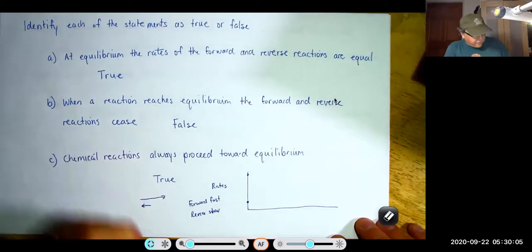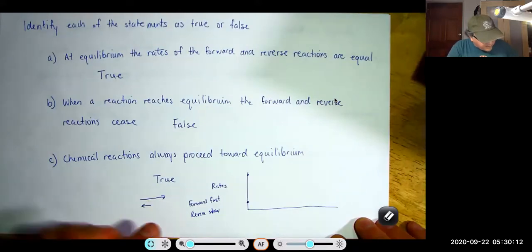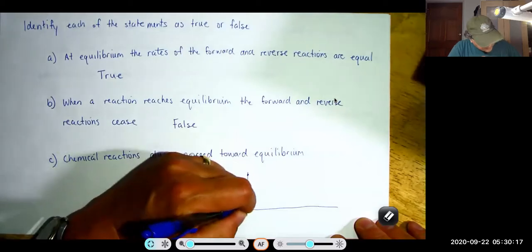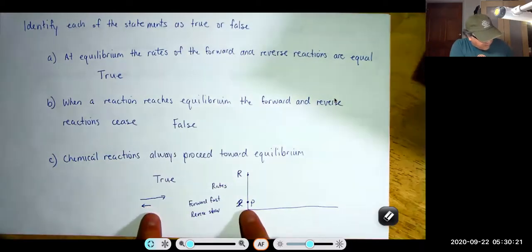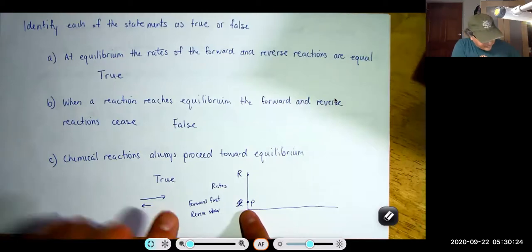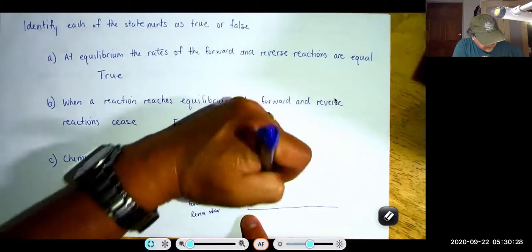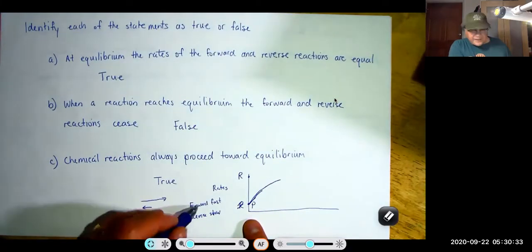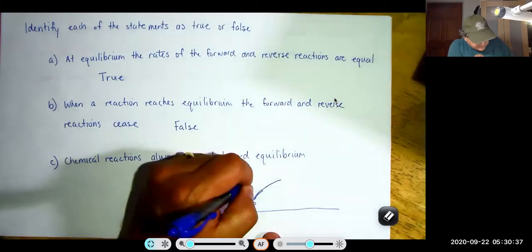Do you see how the forward rate is fast and the reverse is slow? So if the forward rate is fast and we make products, what's going to happen to the amount of products? It will start to grow. What will happen to the amount of reactants as the forward is fast and the reverse is slow? Well, the reactants get used up.